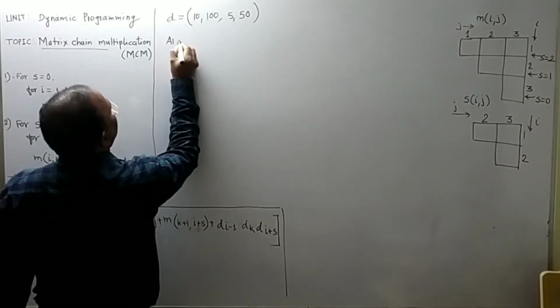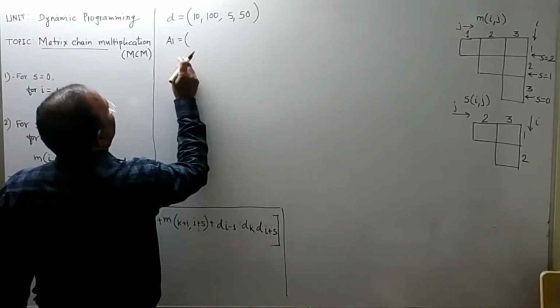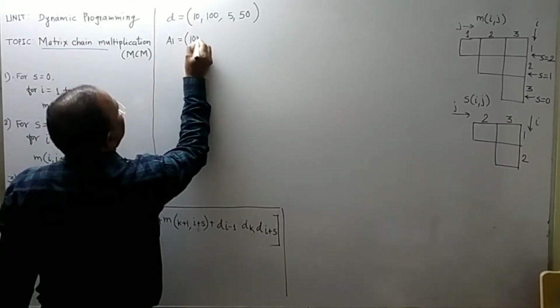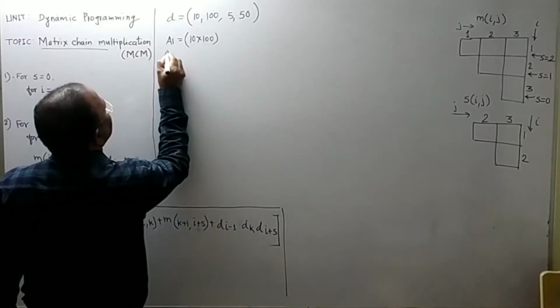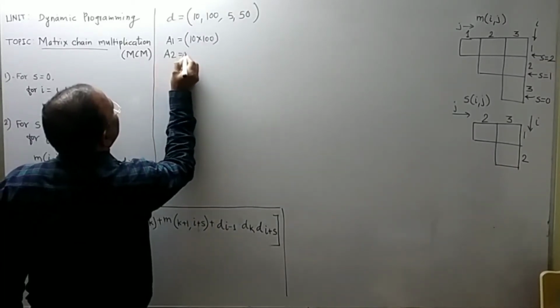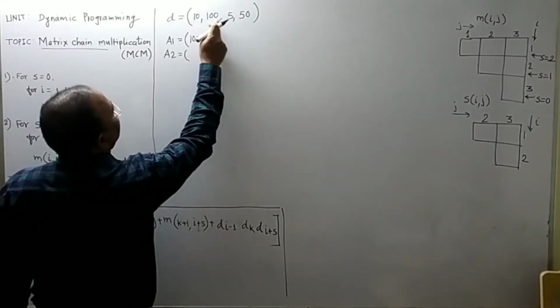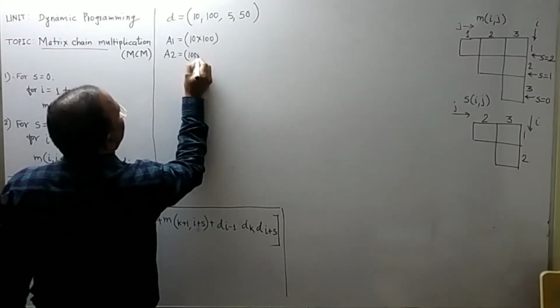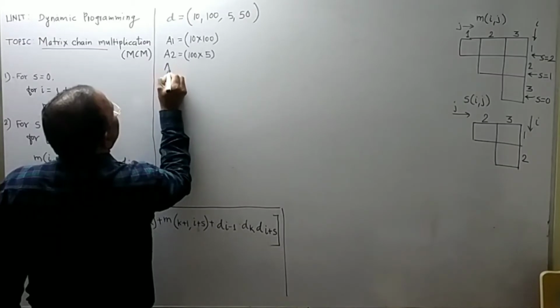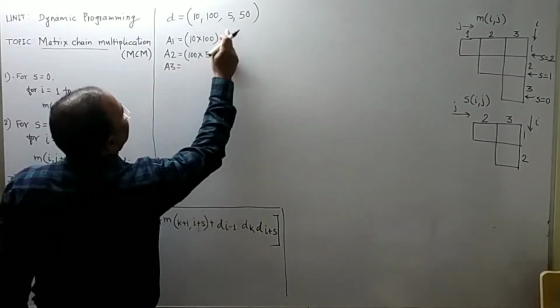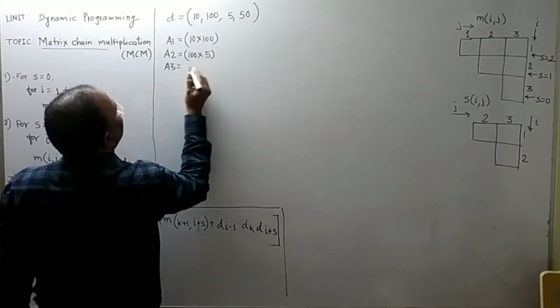First matrix A1 and size is 10 by 100. A2 matrix and size is 100 by 5. Third matrix A3 and size is 5 by 50.